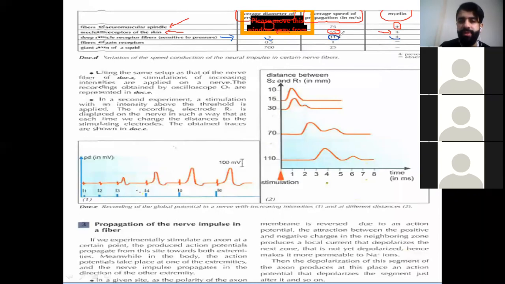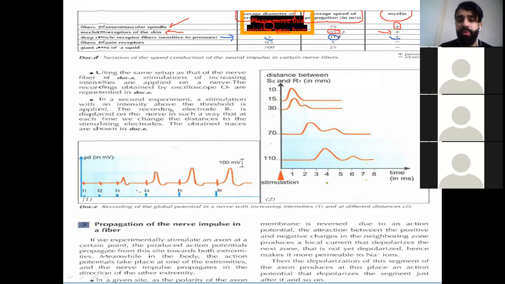The average diameter is equal to what? 3 micrometers, very good. And do we have myelin or not? Yes, we have myelin.